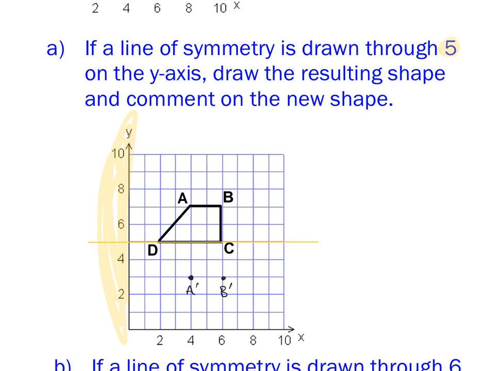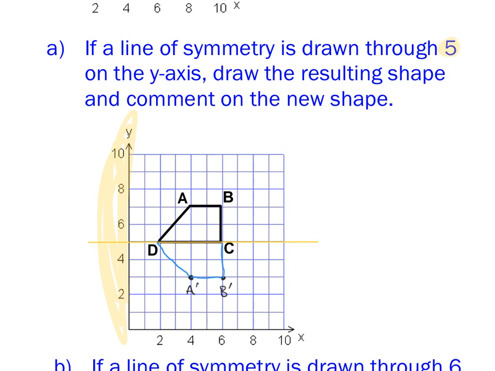And the new D, the same thing happens there. It doesn't move because it also lives on the line. So if we draw the resulting quadrilateral, A, B, C, D, and then back to A, we get this.